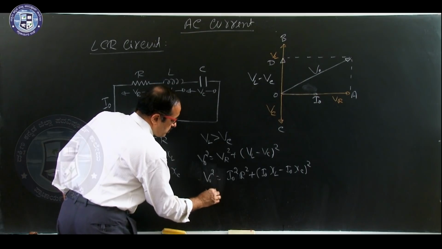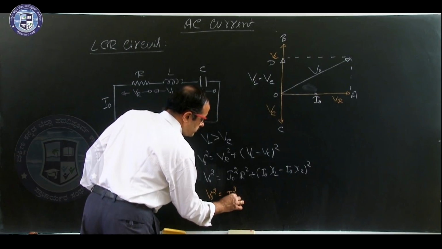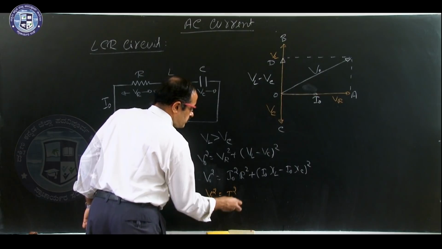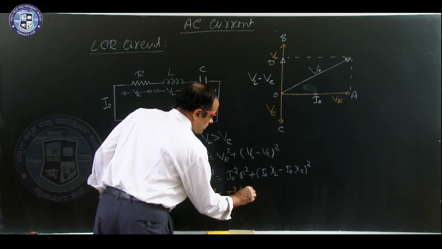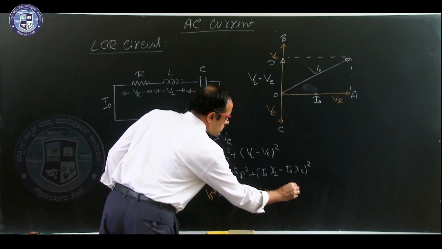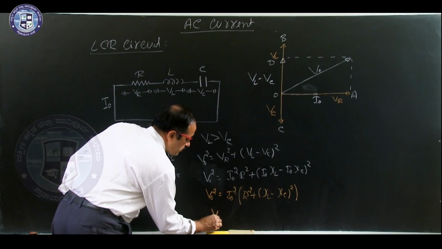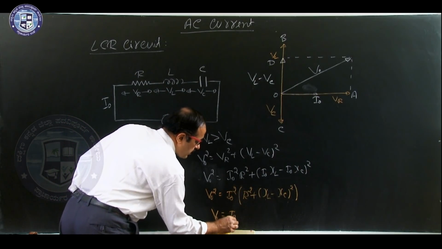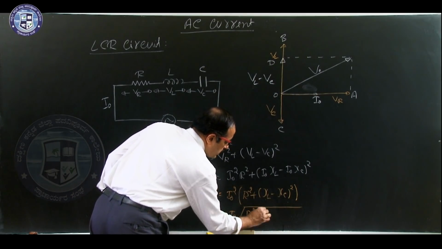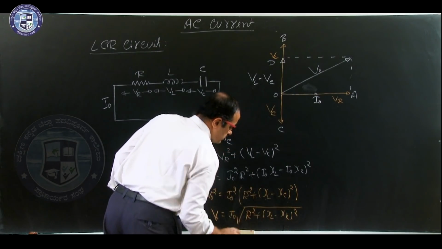Therefore, V naught square is equal to I naught square, taken outside as the common term, times R square plus XL minus XC the whole square. Or take the square root, V naught is equal to I naught into square root of R square plus XL minus XC whole square.